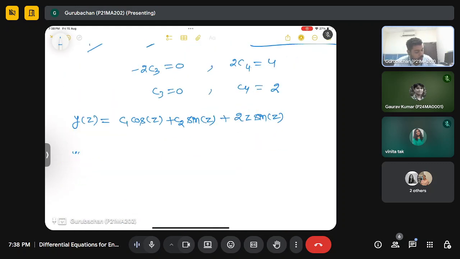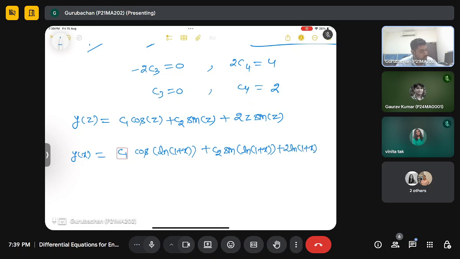Now we need to convert into our original form. So what was that? C1 cos ln(1 plus x) plus C2 sin ln(1 plus x) plus 2 times ln(1 plus x) sin ln(1 plus x).